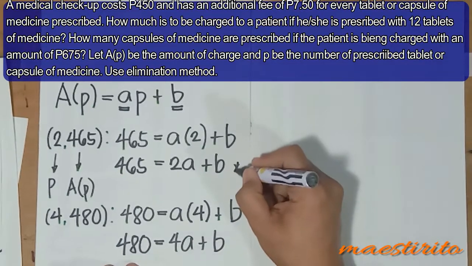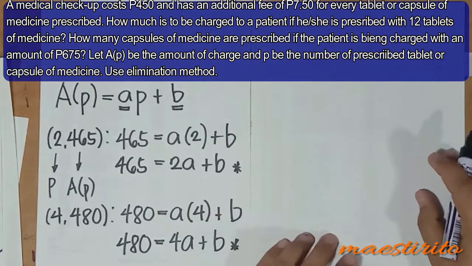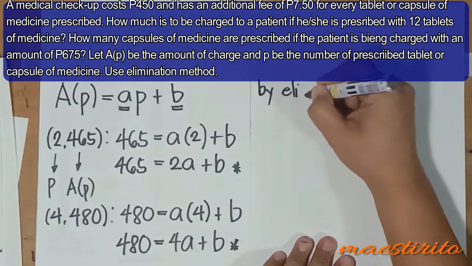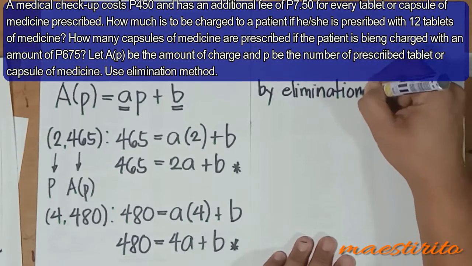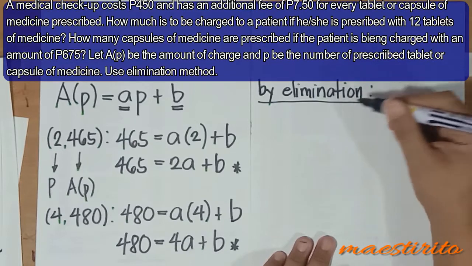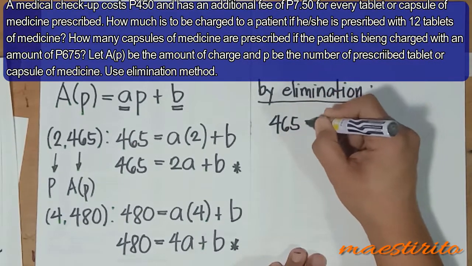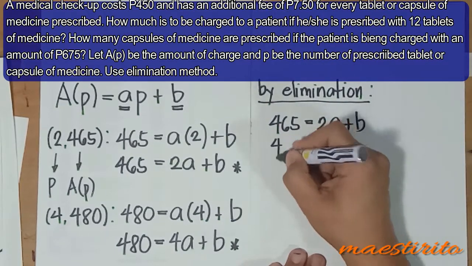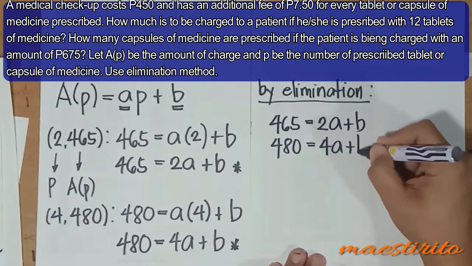So these are now the two equations that I'll be using for my elimination method. So by elimination, the first equation is 465 equals 2a plus b. Then the other one is 480 equals 4a plus b.